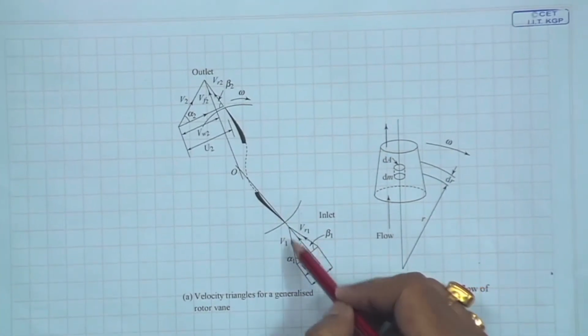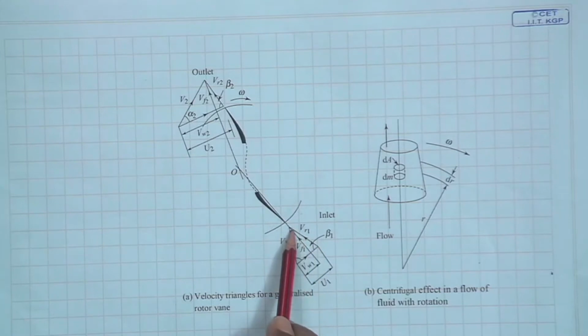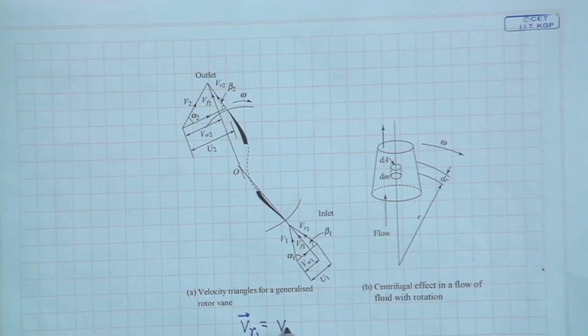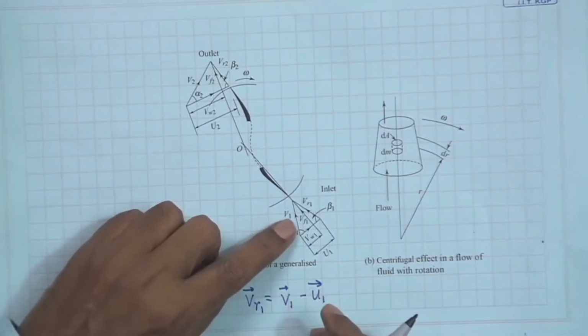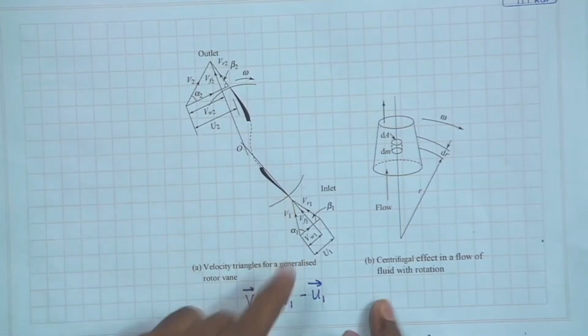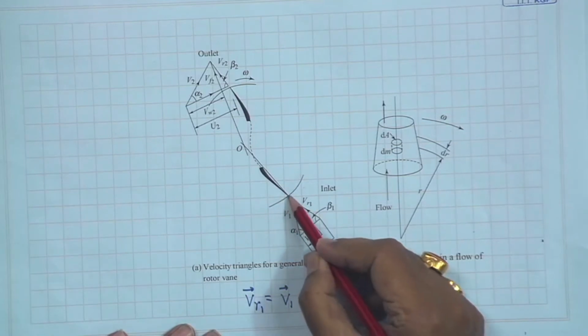So, this is a vector diagram where VR1 is the relative velocity of the fluid with respect to the blade at the point of inlet. That means one can show that VR1, the relative velocity, is V1 minus U1. This is the absolute velocity of the fluid, and this U1 is the direction of the blade velocity here.